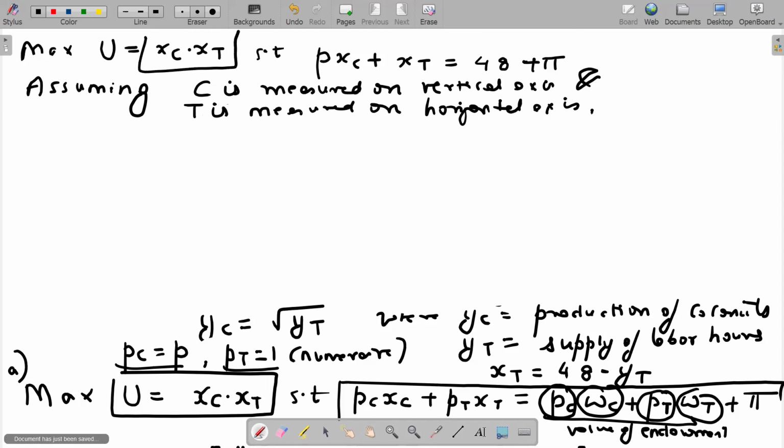This is the Cobb-Douglas kind of a function. It's convex, I mean, it has convex indifference curves. So I can just say that MRS is exactly equal to the price ratio.